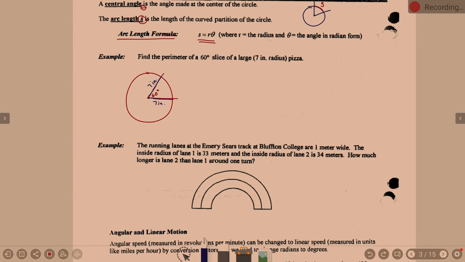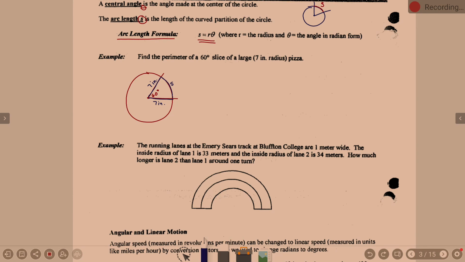We're being asked to find the perimeter. What are we missing? We're missing the arc length. And what is this right here? That's your arc length. That's S. We don't know that length yet. We have to find it.